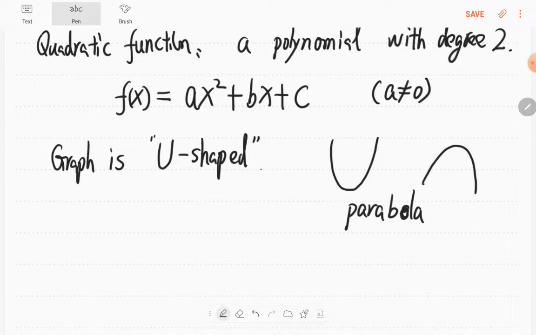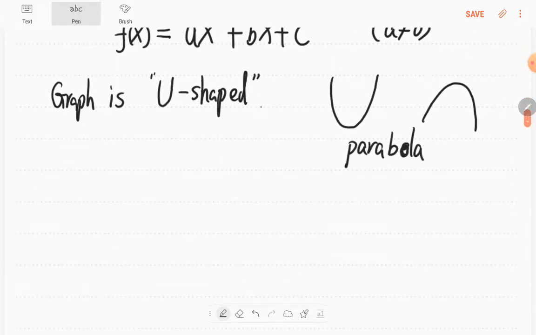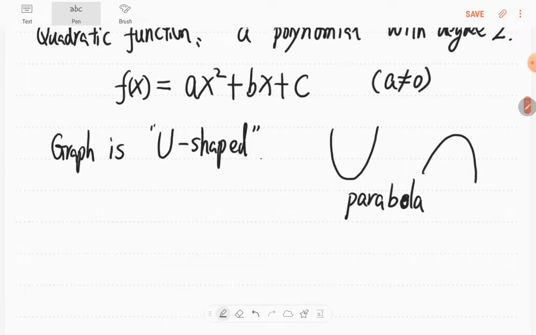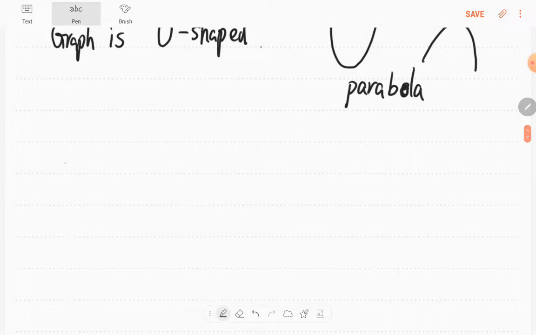There are 5 important characteristics for this parabola we will talk about later. Before we talk about the graph, we need to look at the standard form for the quadratic function.